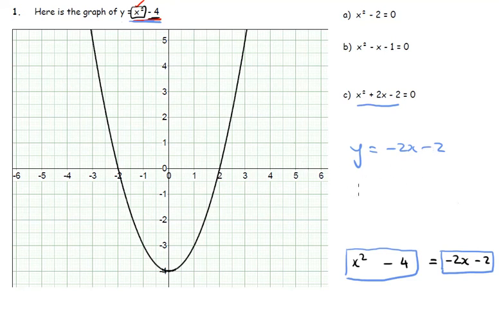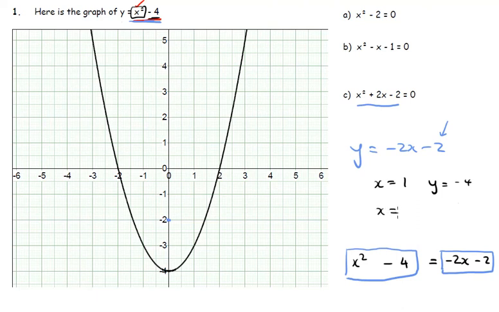Actually, first of all, this is a straight line graph. Its intercept is minus 2, so I'm going to plot that point first. It's going to go through minus 2 on the y-axis. It's got a gradient of negative 2, but let's actually put some numbers in. So x equals, let's put 1 in. What does y equal? If I put 1 into the equation, minus 2 times 1 is minus 2, take away 2 is minus 4.